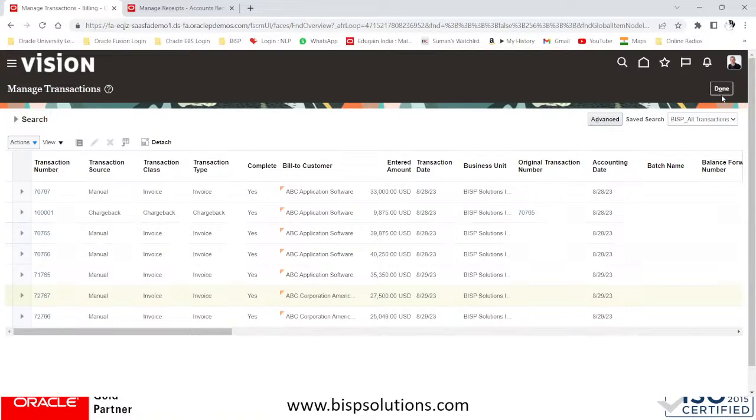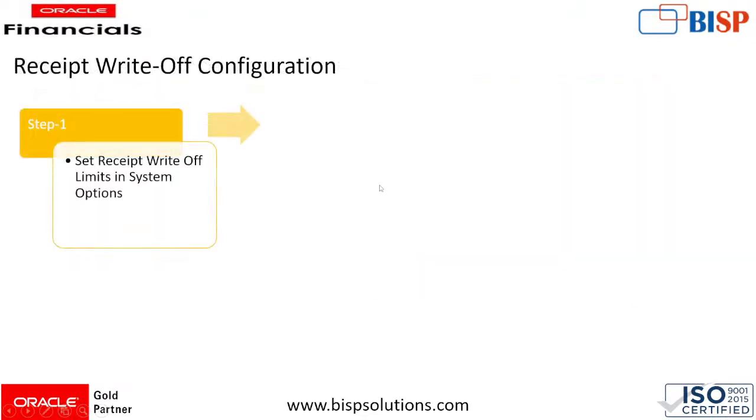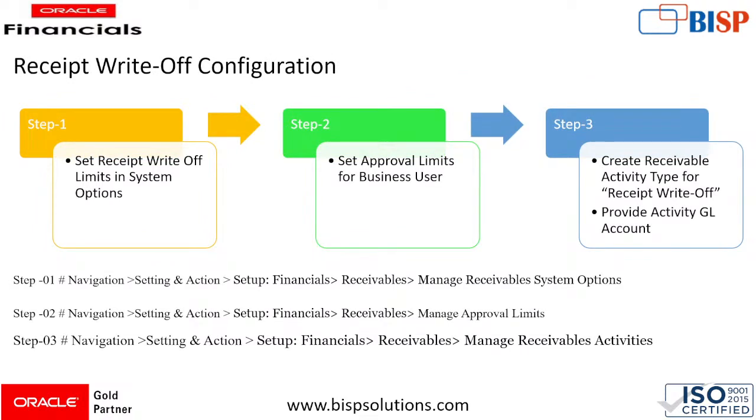So let us move to the next topic, that is receipt write-off. Let us navigate to the PPT. So receipt write-off is a receipt activity that cancels the open debit item and assigns it to a write-off account.